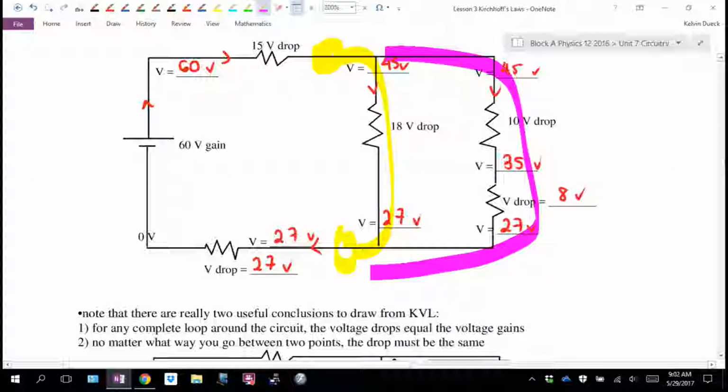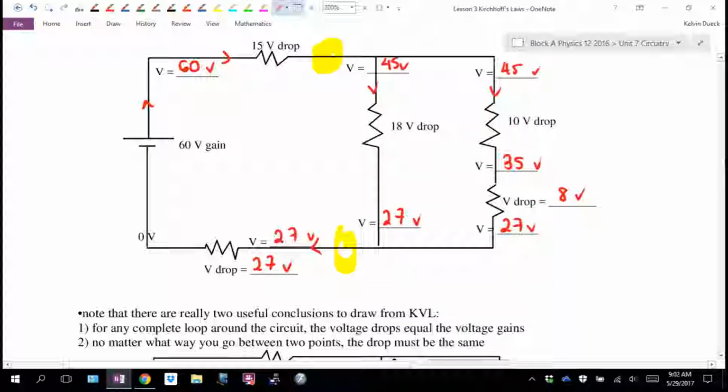And sure enough, 10 volts and 8 volts is 18 volts. I always tell people, if you shake hands, split up, and then meet up, you have to be starting at the same height and ending at the same height, so you must have gone through the same voltage.